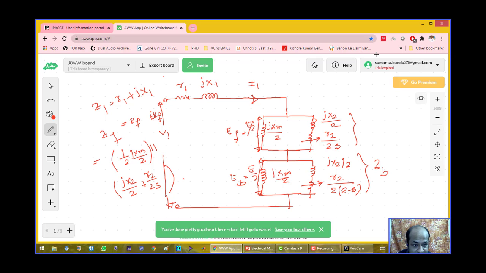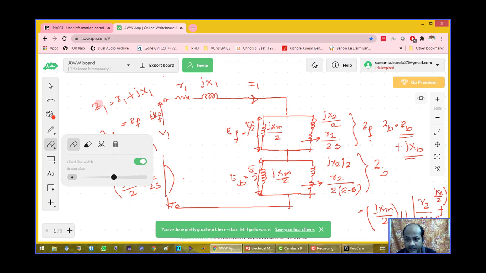So ZF and ZB again depend on the relative speed of the rotor. ZB will be RB plus JXB, which can be represented again as JXM by 2 in parallel with the series combination of R2 by 2 into (2 minus S) plus JX2 by 2. So let me write it properly again.